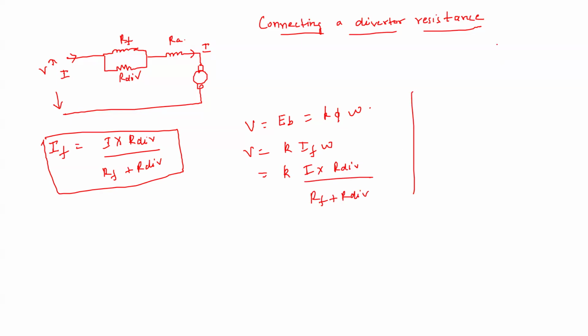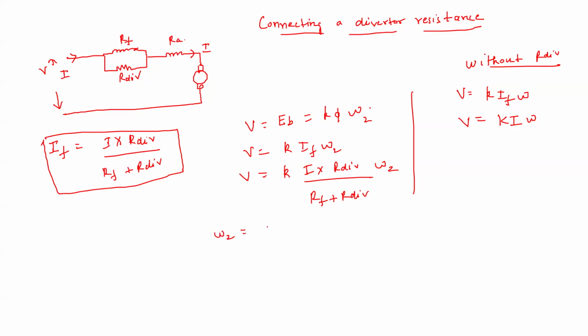Now in the previous case, without R diverter, what is this speed? So it is K IF omega. Because this current is the same as the current which is flowing in the armature winding, in that case it will be K I omega. Okay. So this is the situation. Now what is the omega now? So omega 2, let us say this is omega 2.